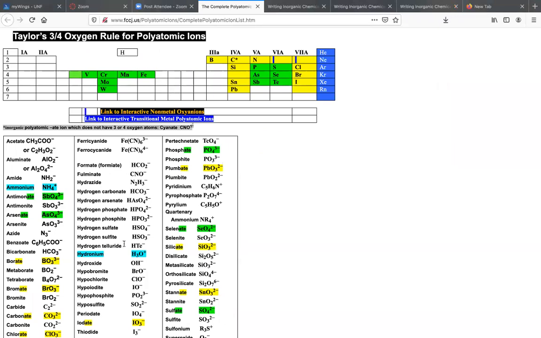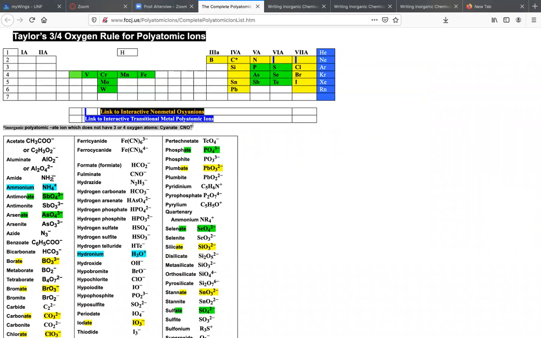If you look at this table, these are polyatomic ions. If you look at all of them, they have an overall charge. A polyatomic ion is a collection of atoms which act as one with an overall charge.